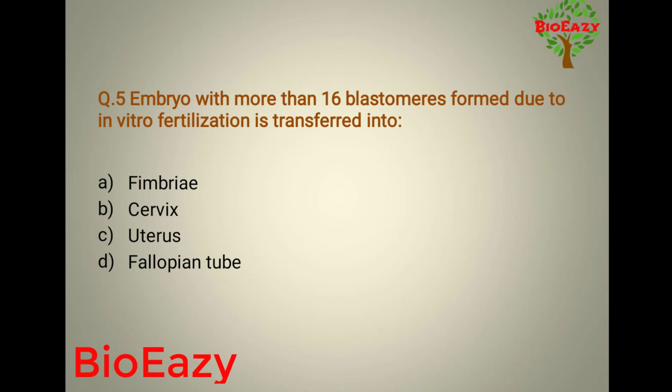Next is, the embryo with more than 16 blastomeres formed due to in vitro fertilization is transferred into, the answer is uterus, because if more than 16 cells are found, this type of embryo is transferred into the uterus.